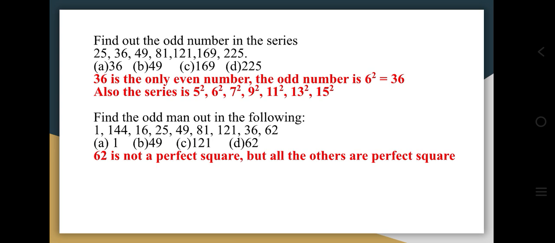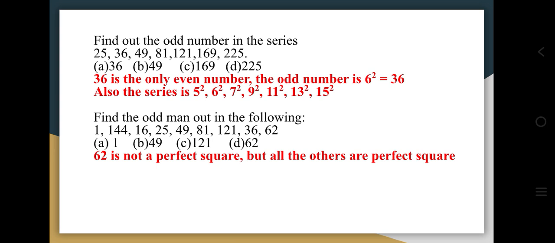But 36 is an even number, all others are odd numbers, or it is an even square, all others are odd number squares. So the odd number in the series is 36.